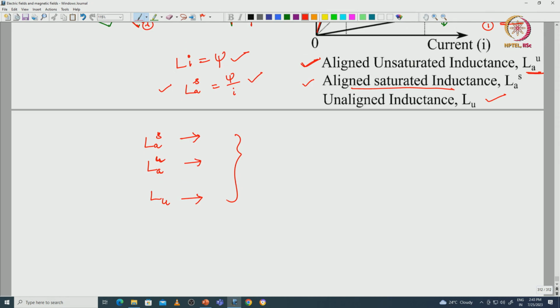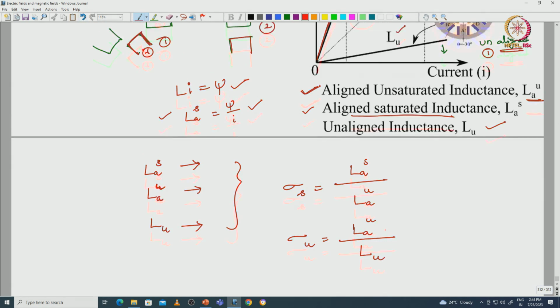So from these three terms we can define the inductance ratios, that is sigma S is equal to LAS, the aligned inductance in the saturated condition, divided by LAU, the aligned inductance in the unsaturated condition, and sigma U is nothing but LAU, the inductance in the unsaturated condition, divided by LU, the inductance at the unaligned condition.